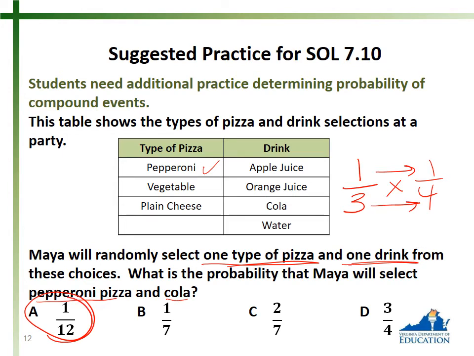So I can circle letter A as being the probability of Maya selecting pepperoni pizza and cola. Another way to do this is that if you say there are 3 choices for pizza and 4 drink options, we can say that there are 12 total options. And we can see that letter A is the only choice to have because it has 12 in the denominator.